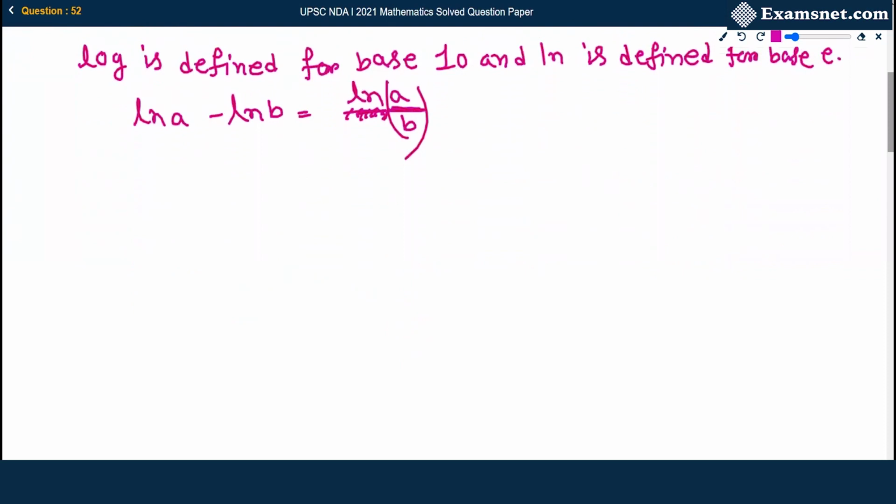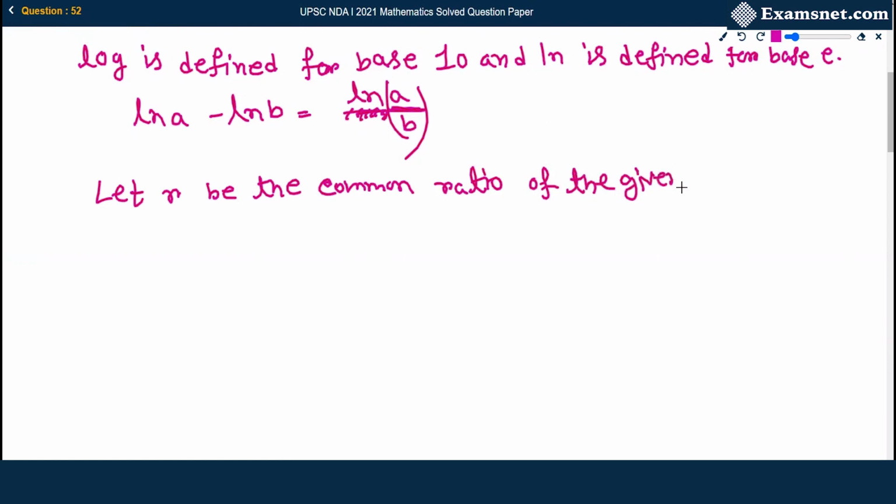Here, let R be the common ratio of the given GP. Fine. Now, let me write the given determinant.